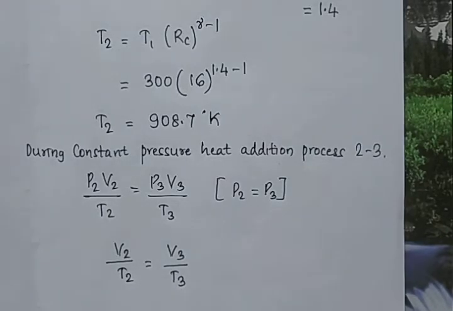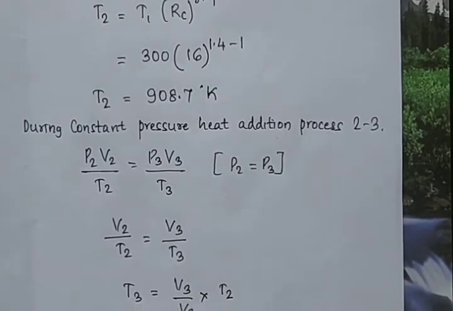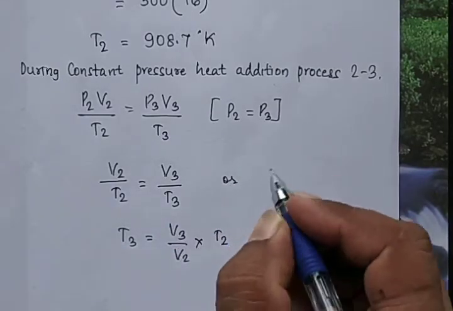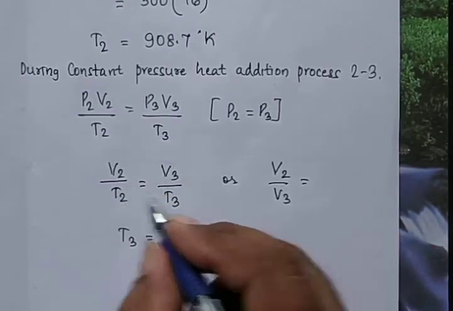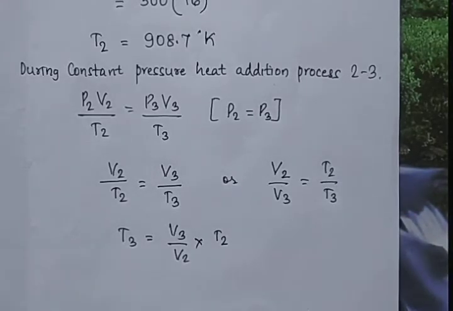That is, I can write T3 equal to V3 by V2 into T2, or this can be written as V2 by V3 is equal to T2 by T3. I will call this equation 1.